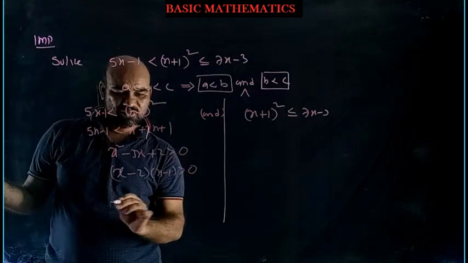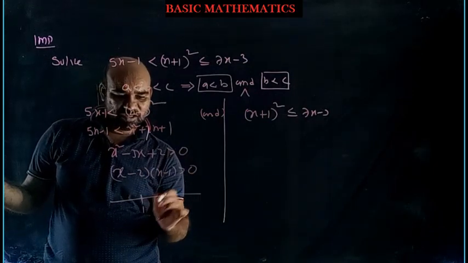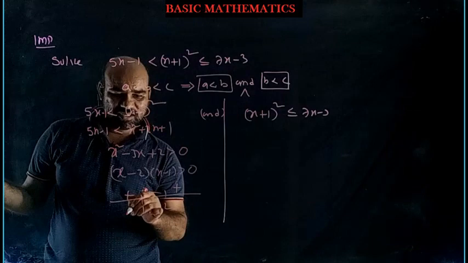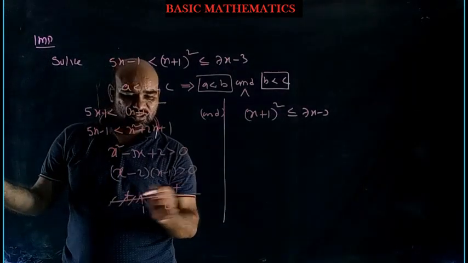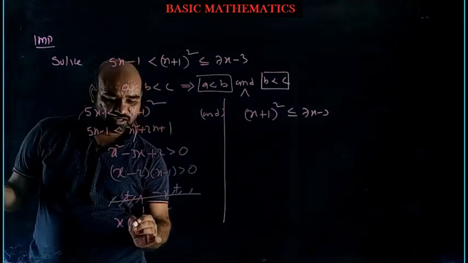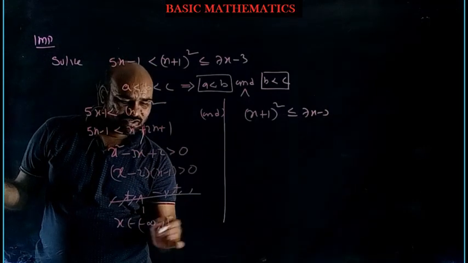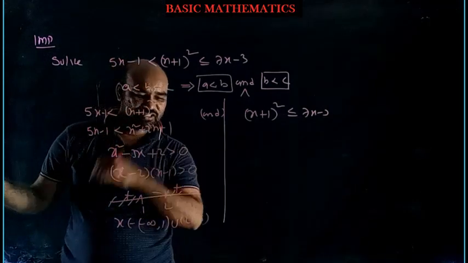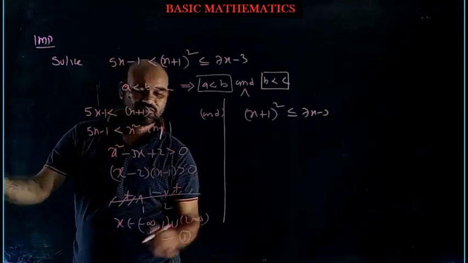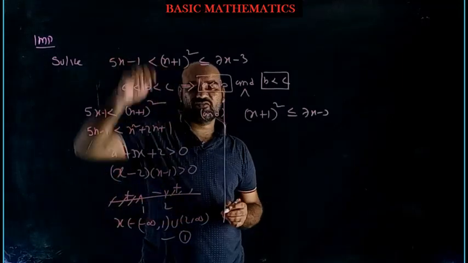Number line, direct standard form: 1, 2, plus minus plus. We want greater than symbols. So x belongs to minus infinity to 1 union 2 to infinity. This is part 1. Part 2 we need to solve from here.